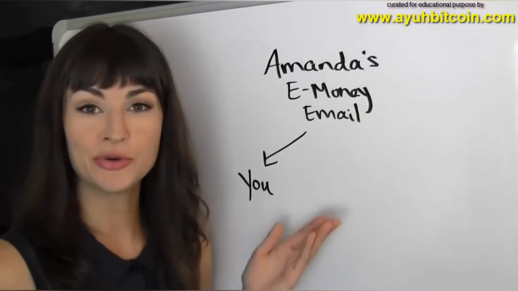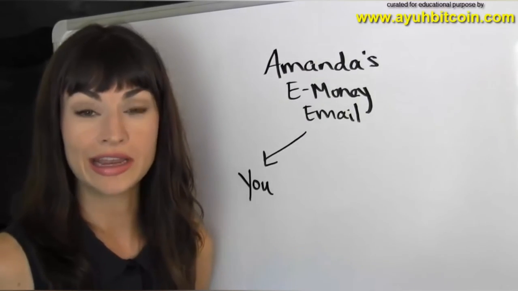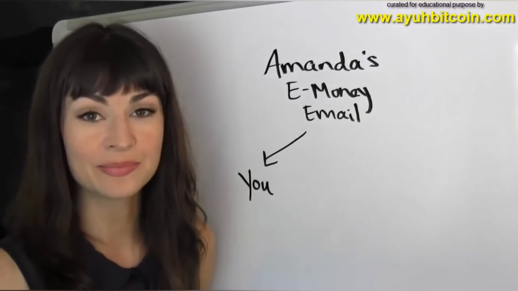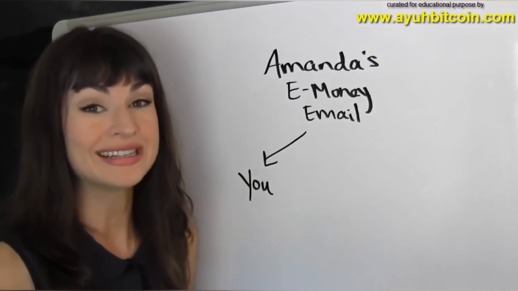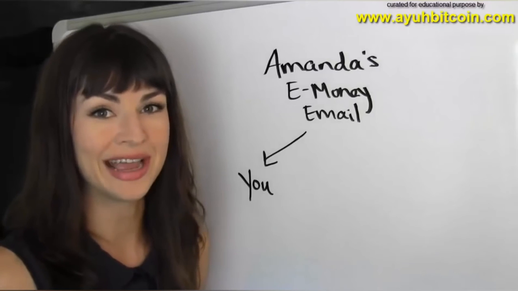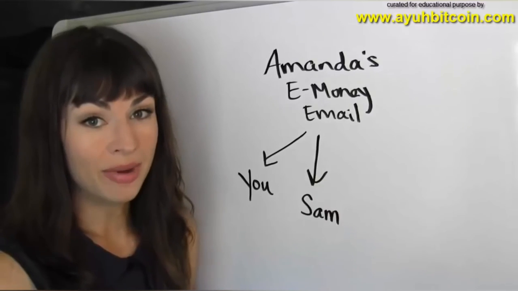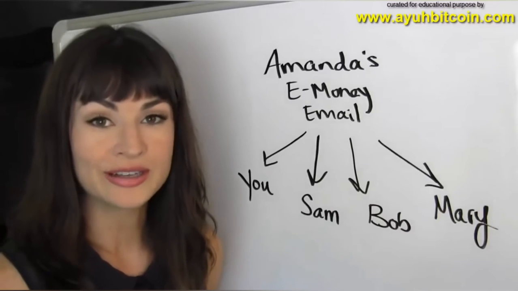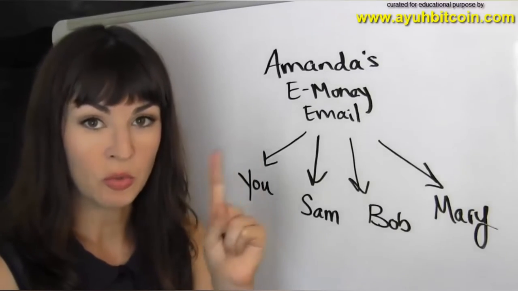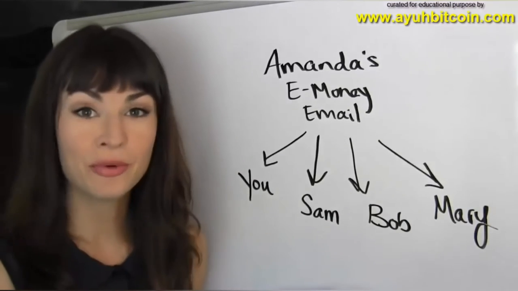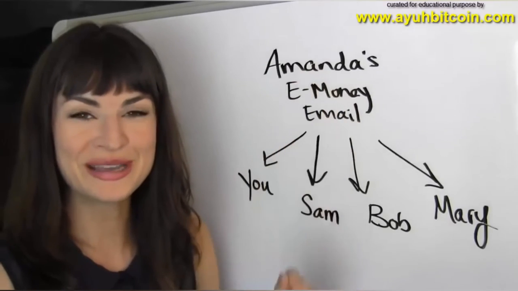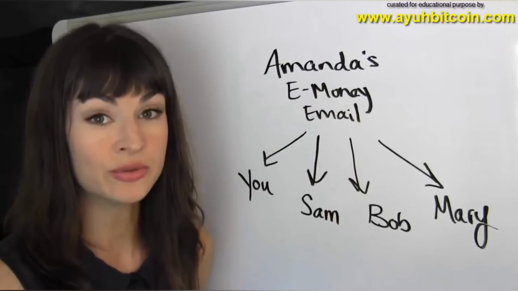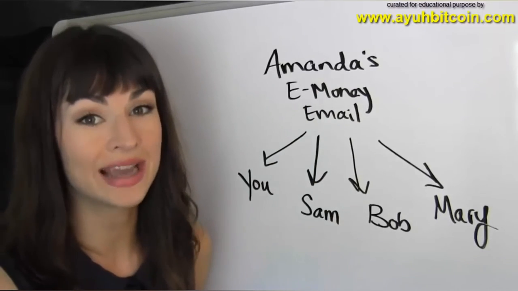If I had sent you this e-money for, say, a subscription to your weekly blog, thanks for that, I could also send that very same email to my friend Sam, to my cousin Bob, and to my neighbor Mary. Now, all of a sudden, where we started out with just one e-money, we now have 4. Poof! New e-monies were simply created out of thin air. And I could technically do this as many times as I wanted.